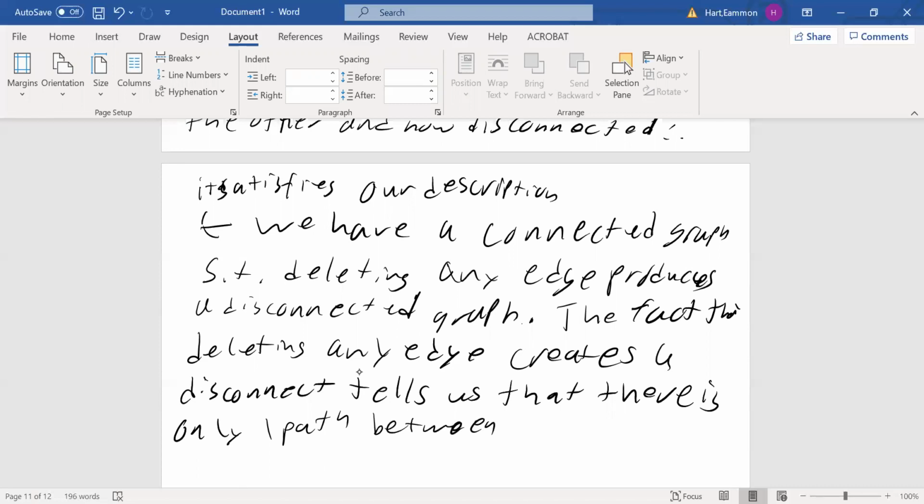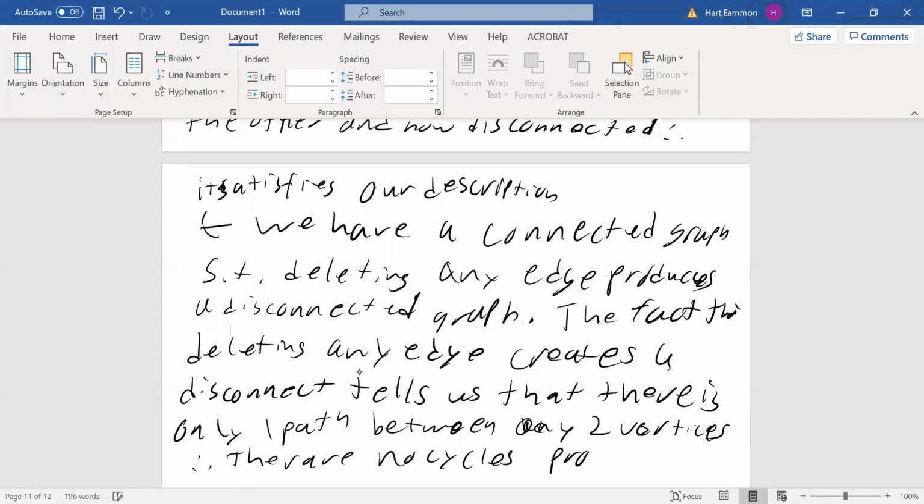Remember, a path hits each vertex at most once. One path between any two vertices. Therefore, there are no cycles. So that proves both directions of A.